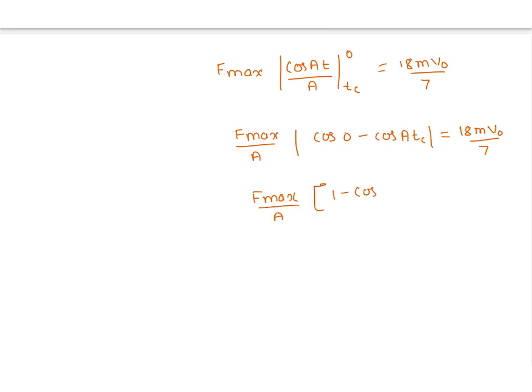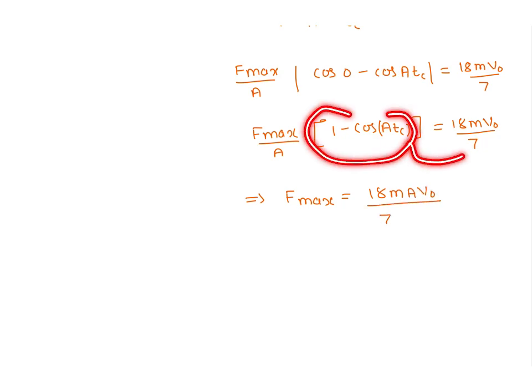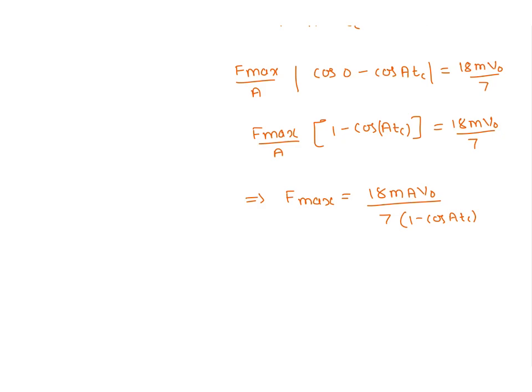One minus cos(a Tc) is equal to 18 m v naught by 7, which implies Fmax will be equal to, I am multiplying this a here, so this will be 18 m a v naught by 7, and I am dividing it by this expression, 1 minus cos(a Tc). So this is the final answer for Fmax.